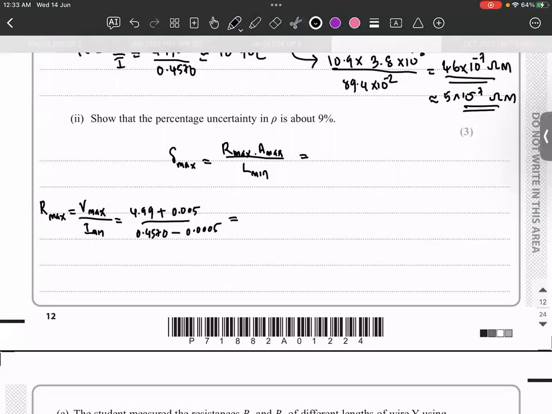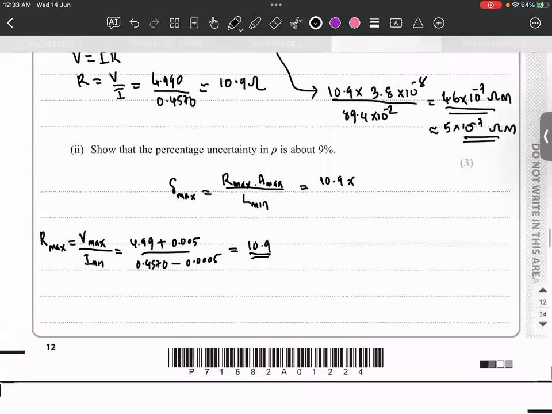Still you will get the maximum value of the resistance as 10.9 if you round to 3 significant figures. Then you can substitute 10.9, and how will you find the maximum area?